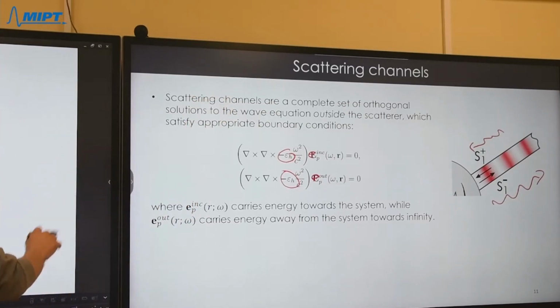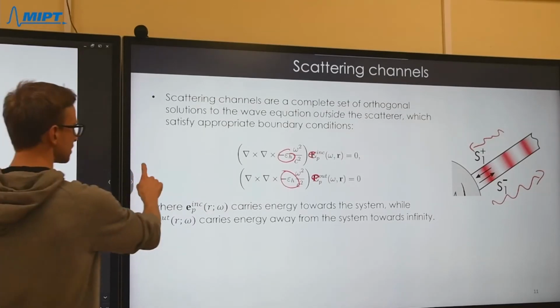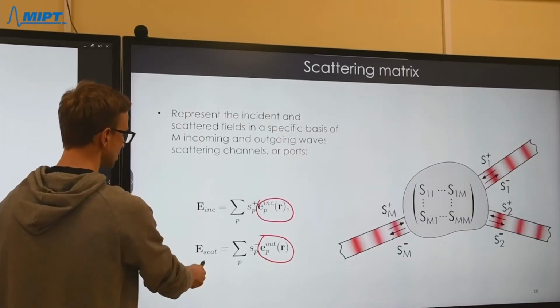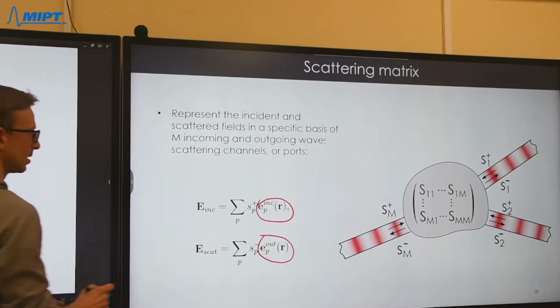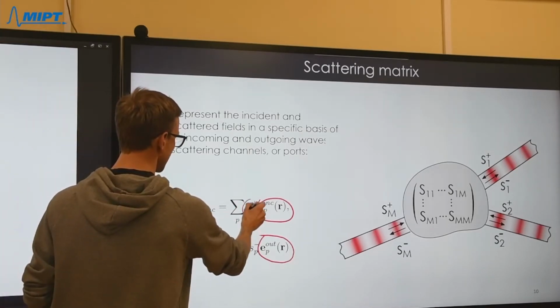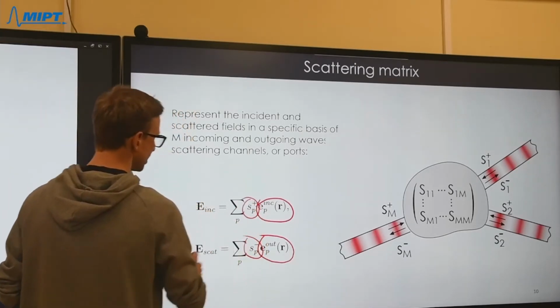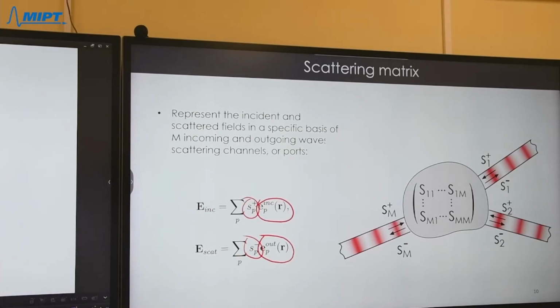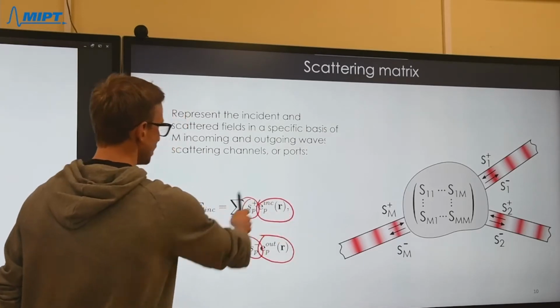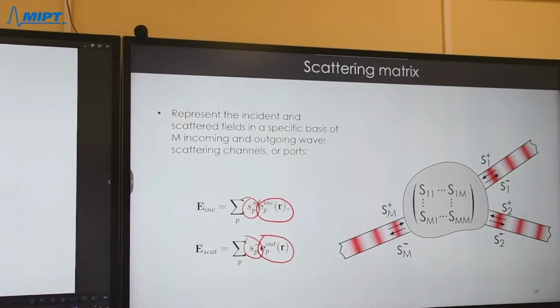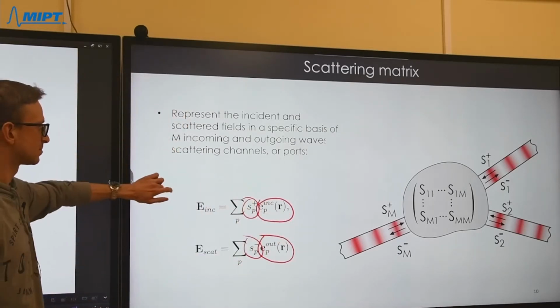And this complete set of solutions will serve us as a basis to expand the incident and the scattered field. And then when we expand, we will obtain a set of scalar amplitudes. These are the usual complex amplitudes that characterize how a given incident and scattered field is expanded into this set of channels that we have introduced.